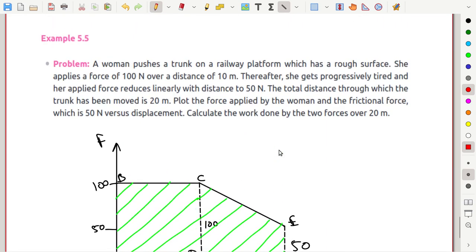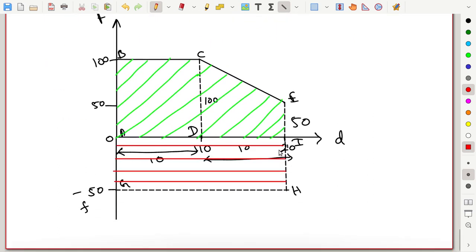So what's the question? They asked to calculate the work done by the two forces: one is the force applied by the woman, and the other is the force due to friction. So let's first find the work done by the woman.